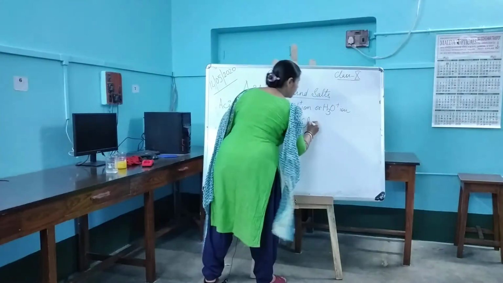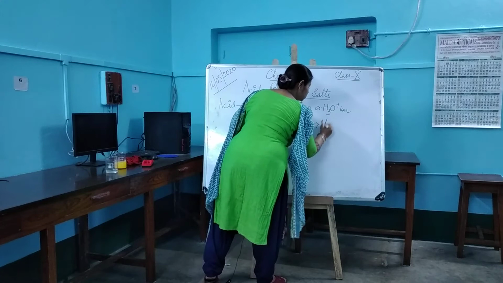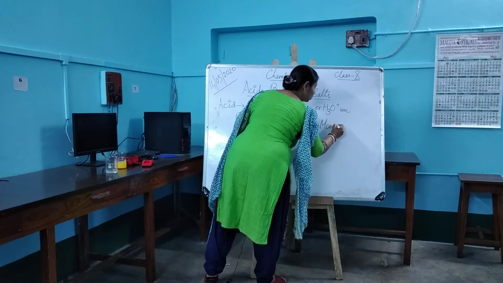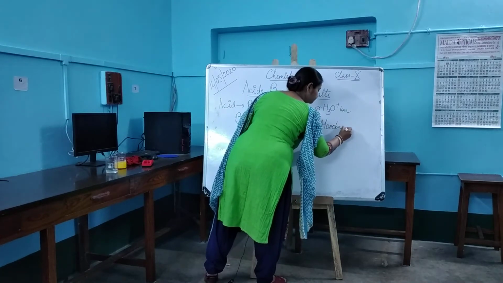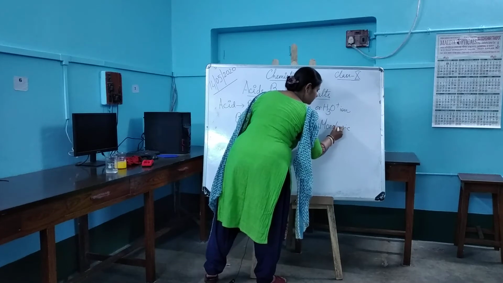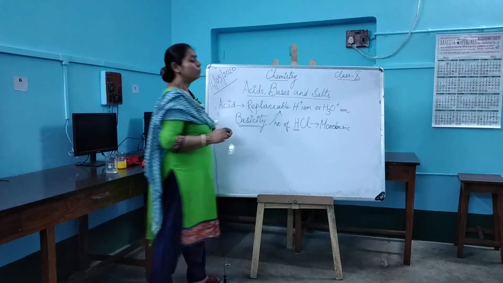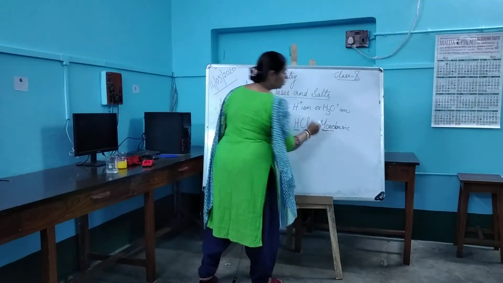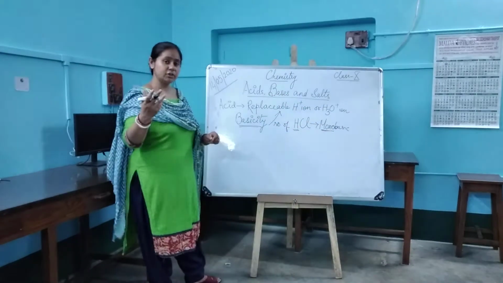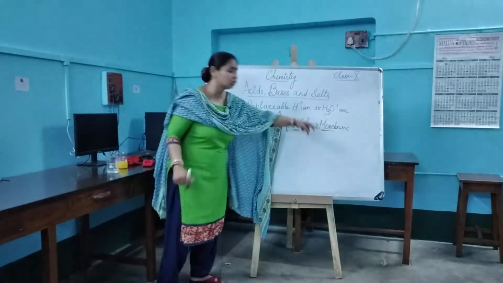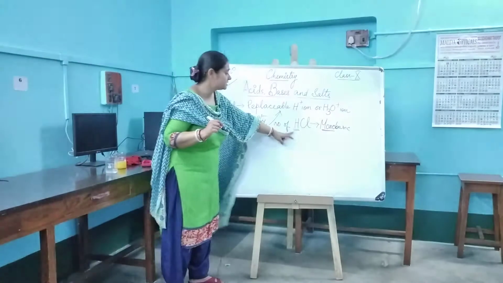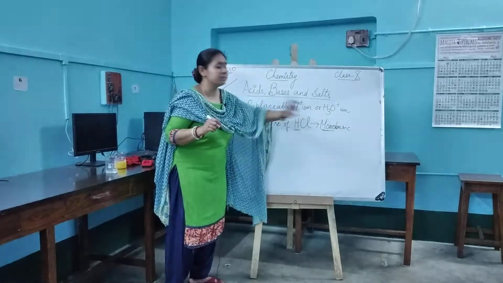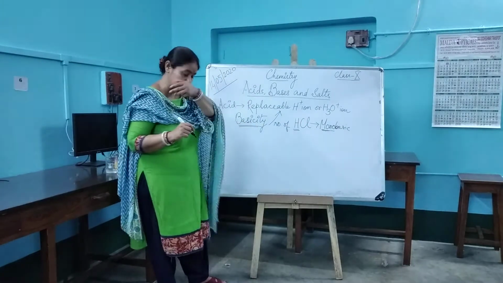That is why we call it monobasic. The word mono means one. So HCl is monobasic in nature. Is it clear to you?